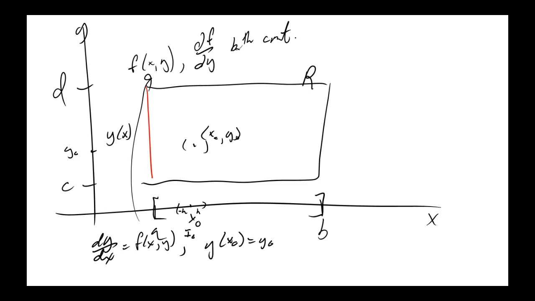So, going back. If you have some rectangular region R with some point x0, y0 in it, and here's what that x0, y0 is. There is a function y such that y at x0 is equal to y0. So this point right here is going to ultimately be this point here.